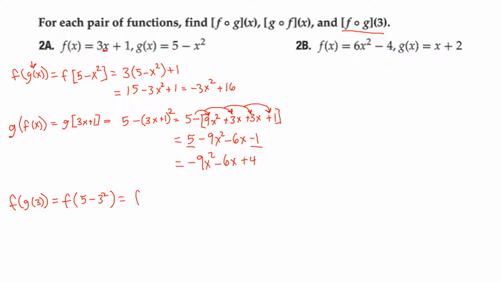That will give me f of 5 minus 9. That's f of negative 4. And then I put negative 4 in here, and I will get 3 times negative 4 plus 1. That's negative 12 plus 1, which is negative 11.